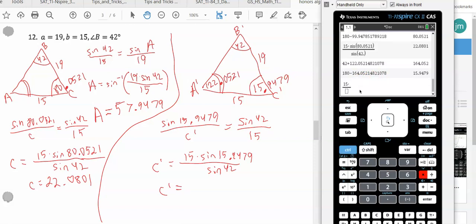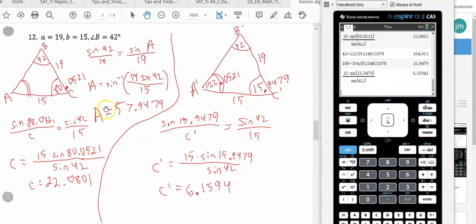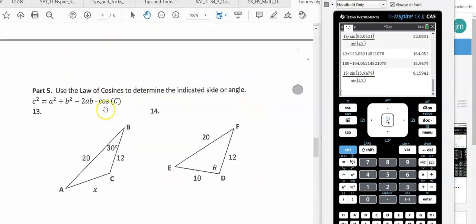So 15 times sine of 15.9479 divided by sine of 42. So 6.1594. Okay, quite a problem there.